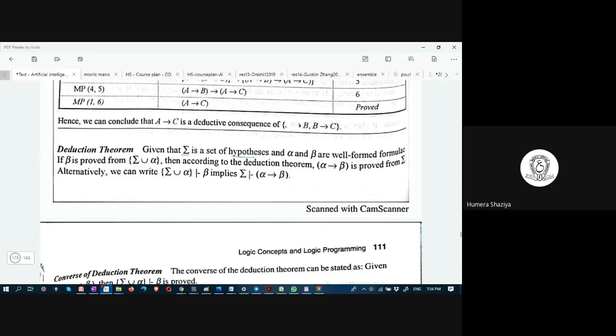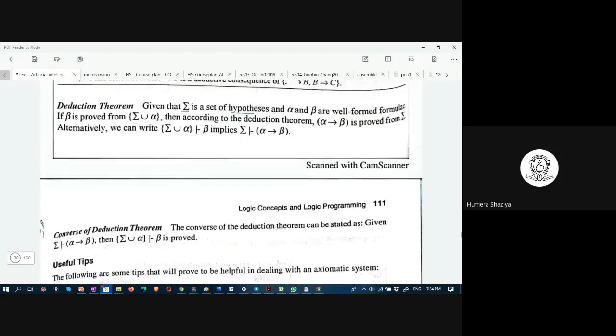Therefore, alternatively, it can be written as sigma union alpha derives beta, which implies sigma derives alpha implies beta. Both are true. When you have sigma and alpha together deriving beta, if you just take out sigma and put alpha with beta, then it is true that from sigma you can derive alpha implies beta.